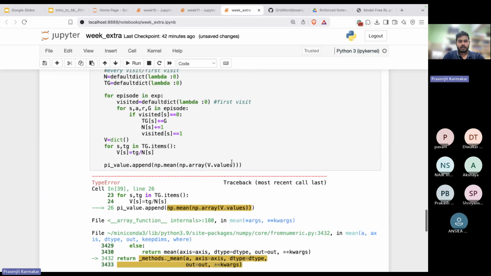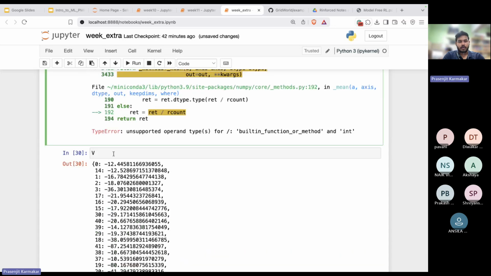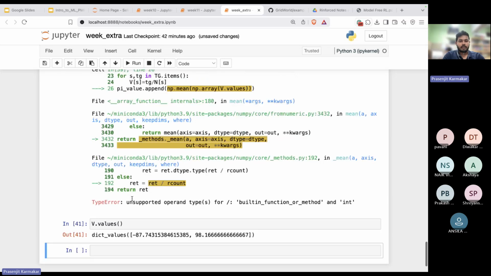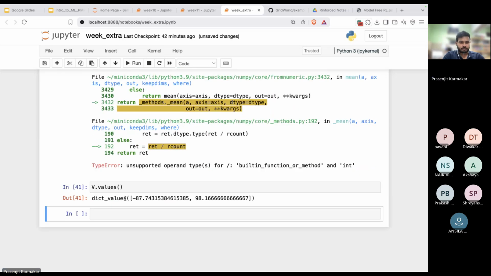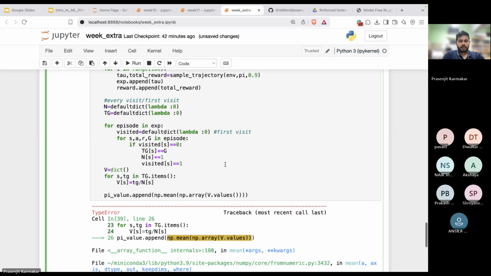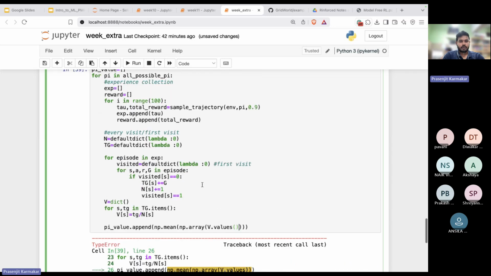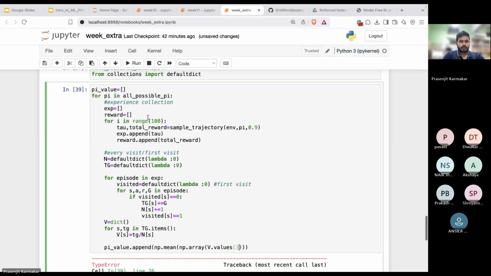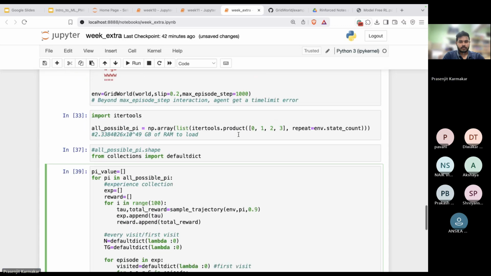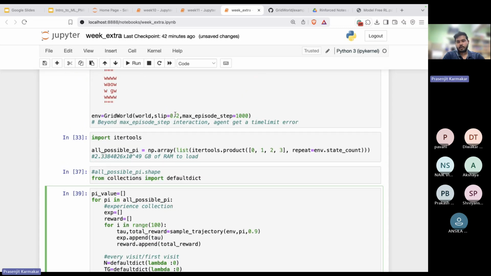So what is this v.values? I guess you have to call it. It's a method, so I have to call it. Then I have the value. So this is a very small environment, right?